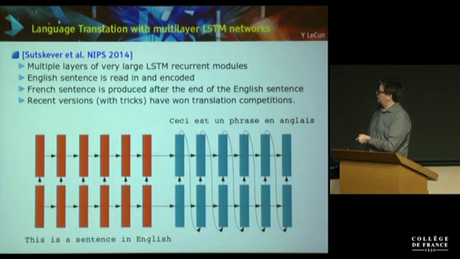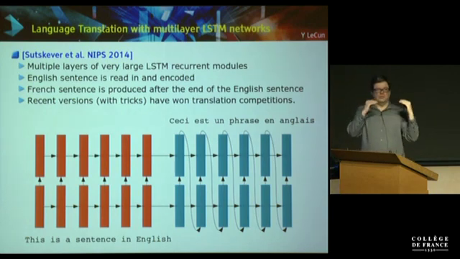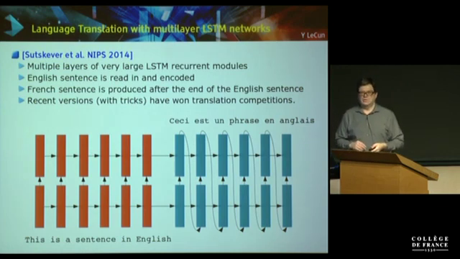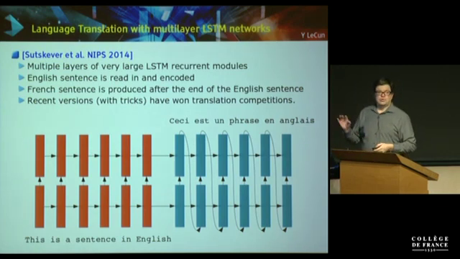It takes a sentence, let's say in English, and you can see the output vector at the end of this period as a sort of representation of the meaning of the sentence, and then another LSTM network takes this representation and produces words in another language. And the performance of this system at the time was just below that of a conventional system, but combined with a conventional system, it exceeded the state of the art.